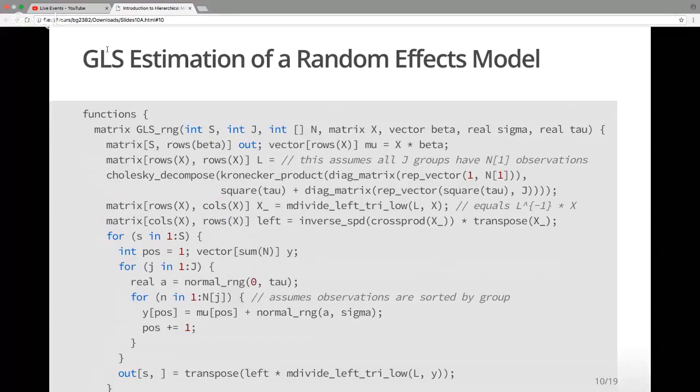So all the observations in the first group come first, then all the observations in the second group, etc., all the way down to all the observations in the jth group. And then we're going to fill in y as the corresponding conditional expectation based on that observation's x's, plus a draw of the error from a normal distribution with expectation A and standard deviation sigma that we passed in from the outset.